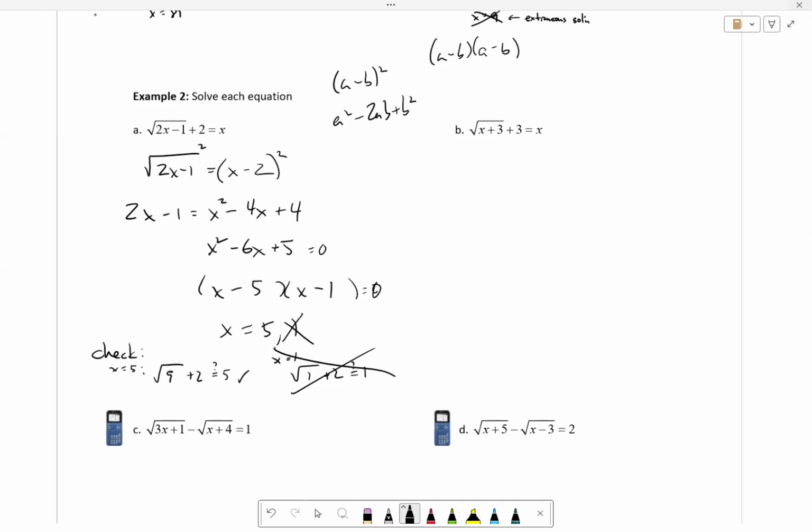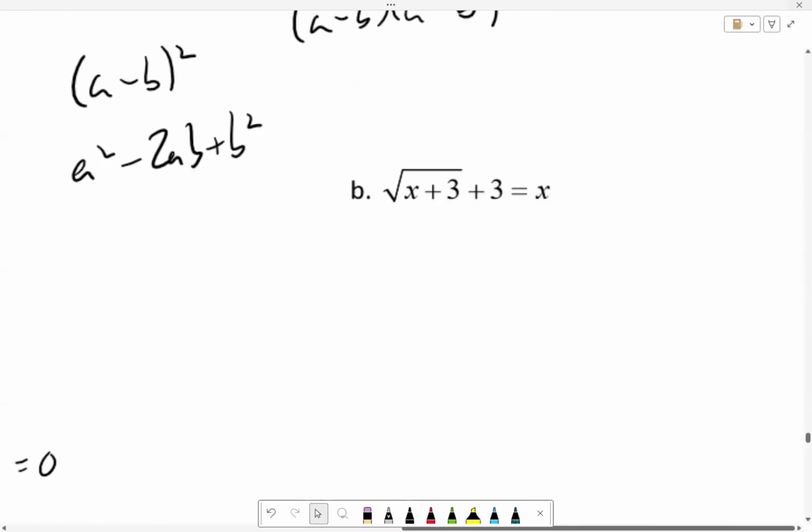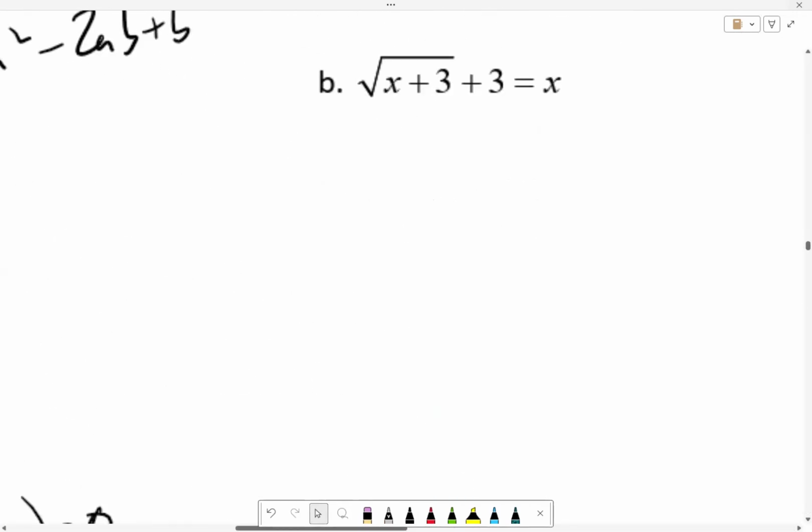So the quantity of x minus 5 times the quantity of x minus 1. Any other ways? Since we're factoring, would it be okay to just say x minus 5 times x minus 1? That's fine, just make sure that you're writing it in parentheses. But mathematically precise would be the quantity of x minus 5 times the quantity of x minus 1. I'm going to ask you to do the next problem right now, please. I was going to leave it for a treat for later, but why wait?